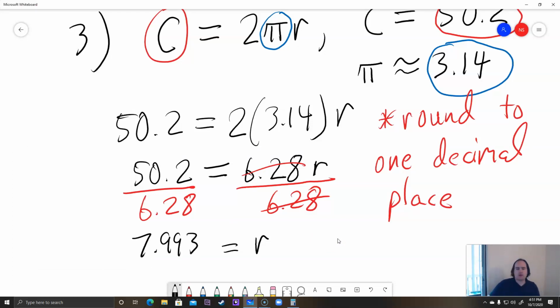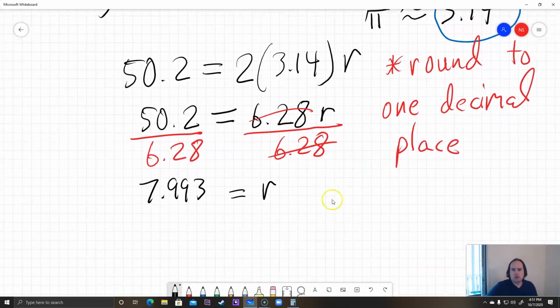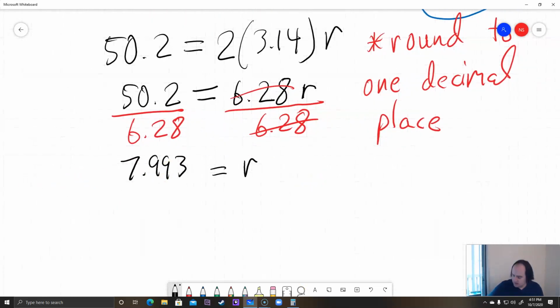But they want us to round to 1 decimal place, which means to the nearest tenth. So the one that we're looking at is this digit right here, and the next digit is higher than 5, so if it's 5 or more, you increase the score. So instead of being a 9, it's going to become a 10, and we carry the 1 over here. So this is actually going to round to 8.0.